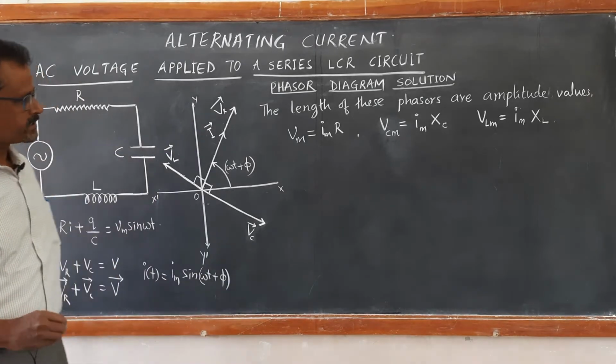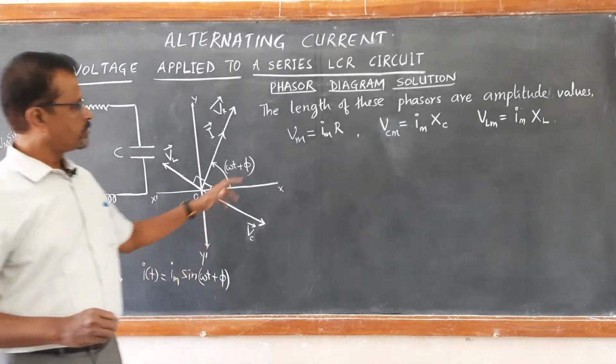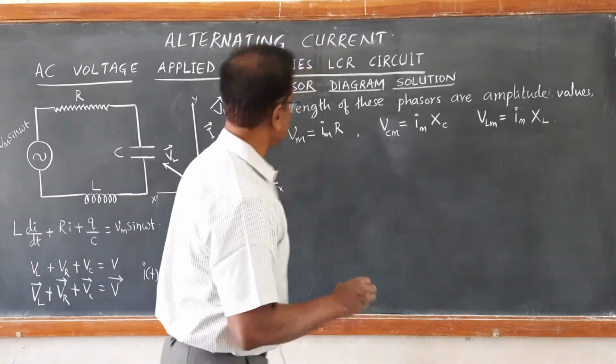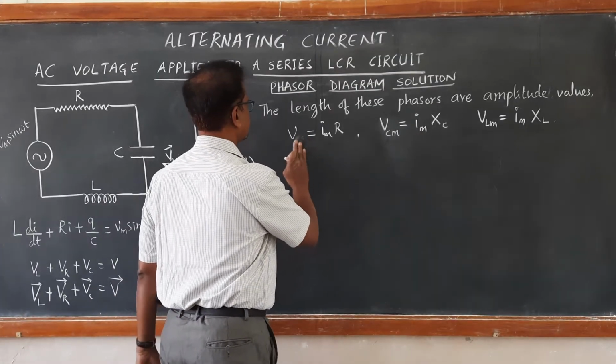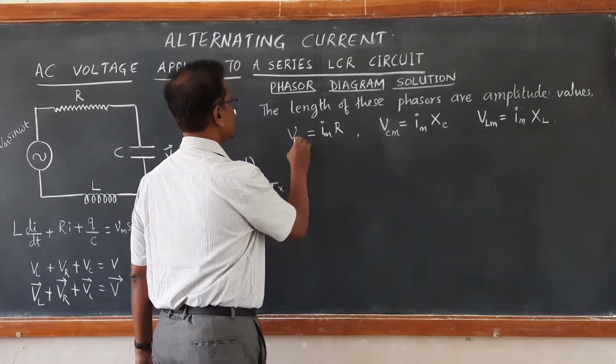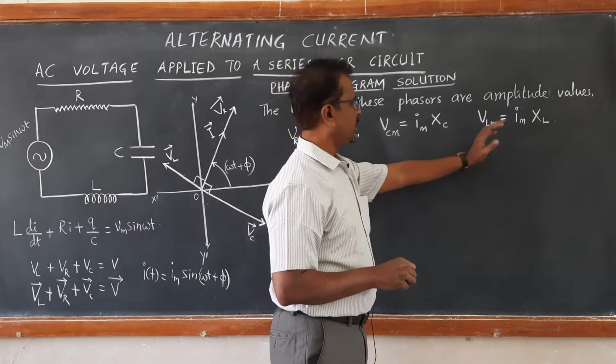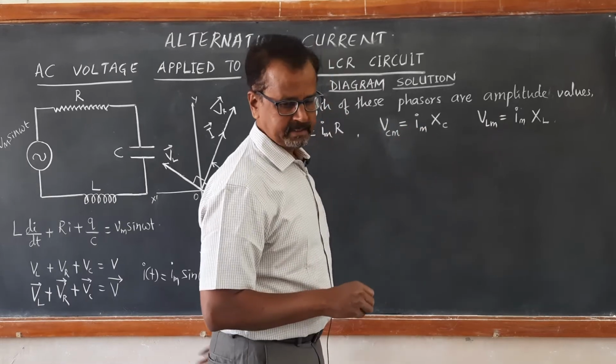Okay. So this is nothing but VRM. VRM is equal to ImR, VCM equal to ImXC, and VLM is equal to ImXL.